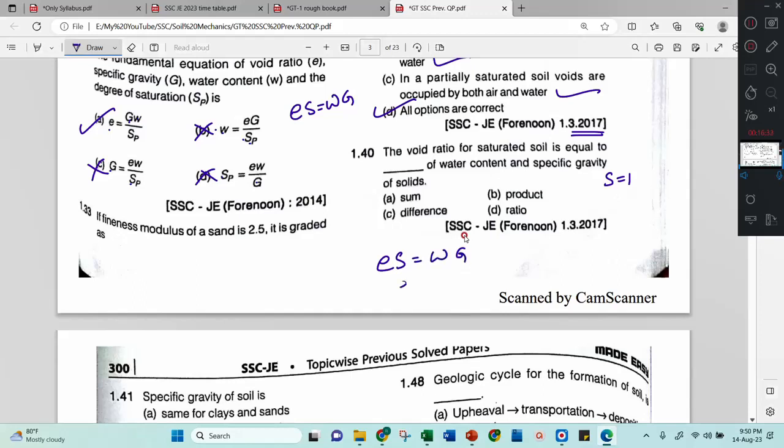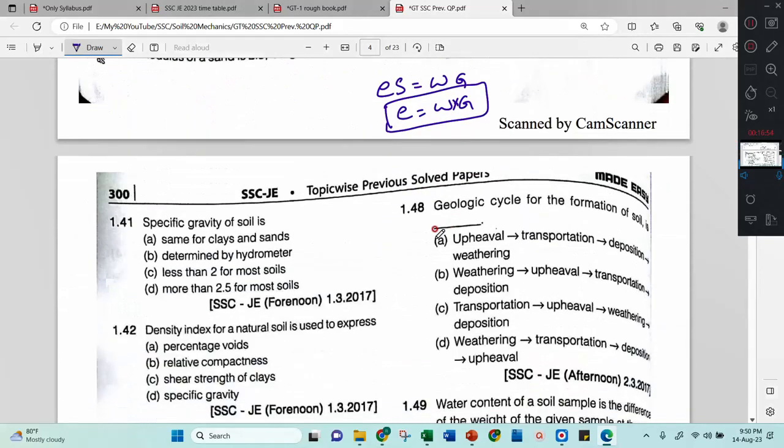Now substitute e equal to w into G. Now it is equal to dash of water content and specific gravity: sum, product, difference, ratio? e equal to wG, so product. Yes.